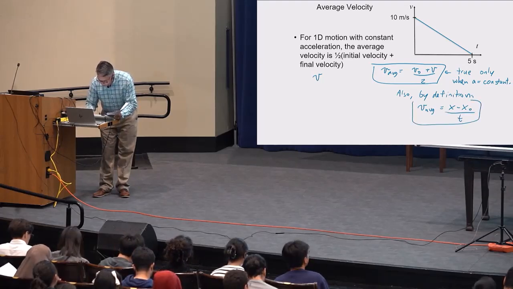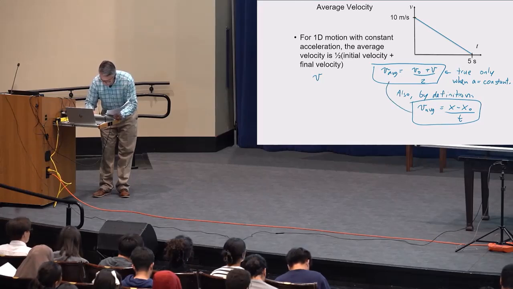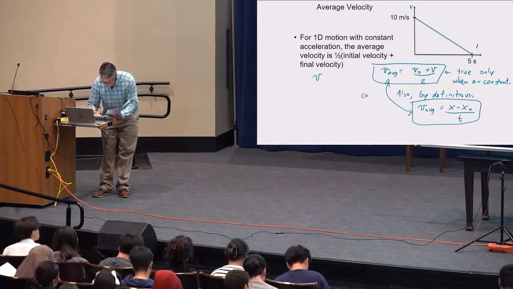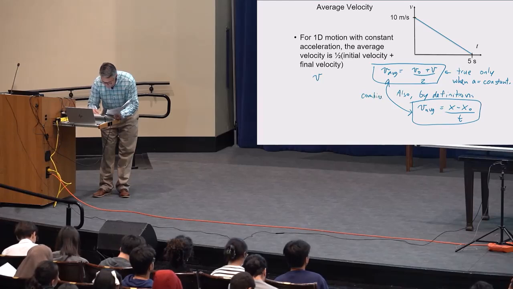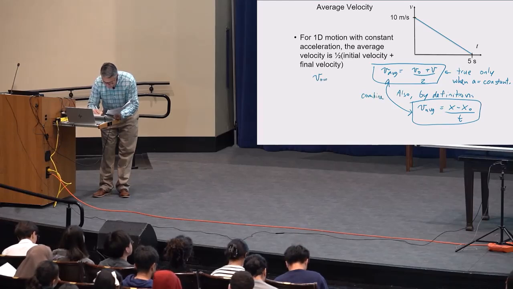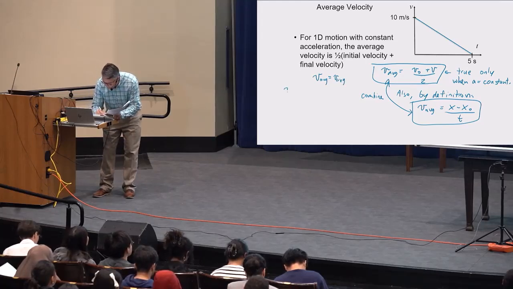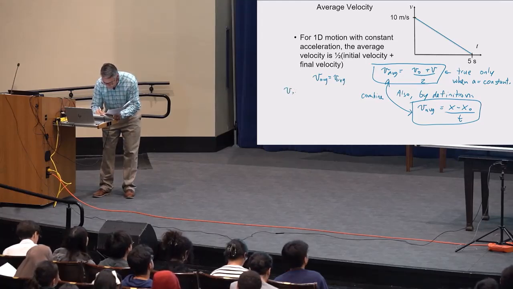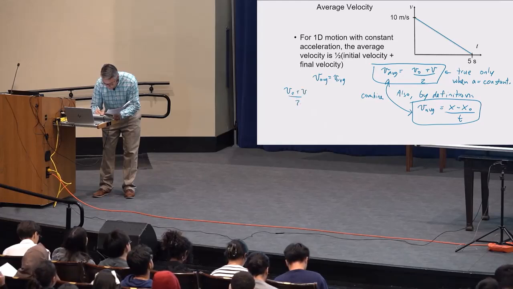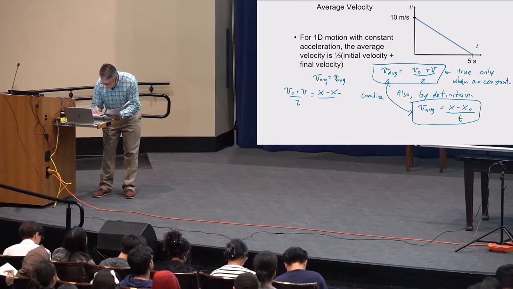So you've got these two equations, and you can combine them. You can say v average equals v average. The trick when acceleration is constant is (v0 plus v) divided by 2, and the definition gives you (x minus x0) divided by t.